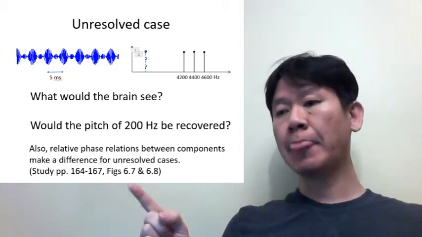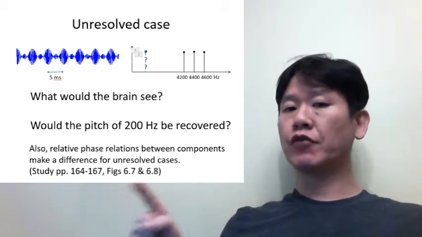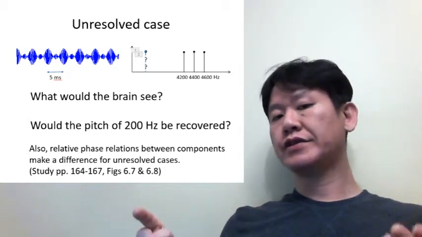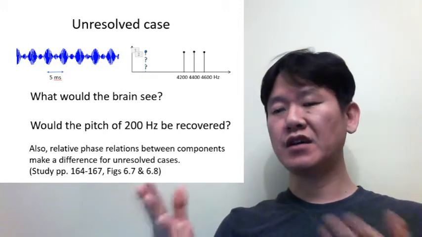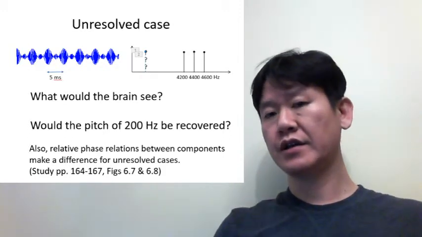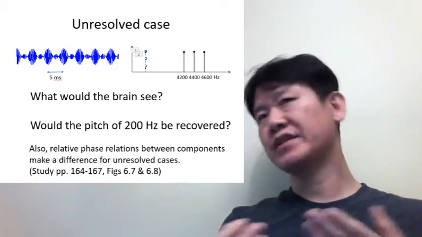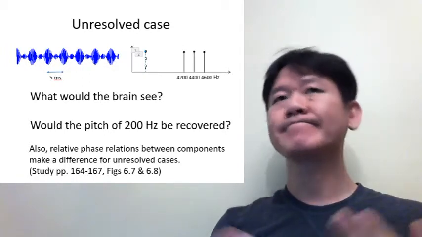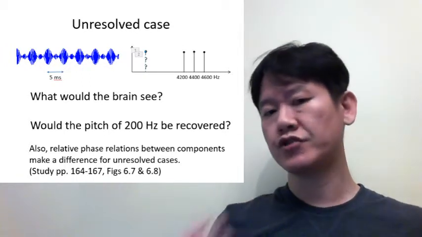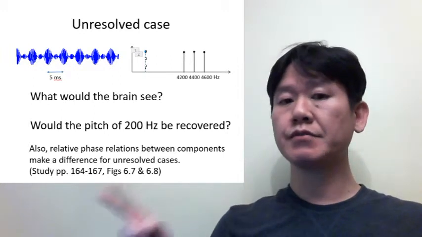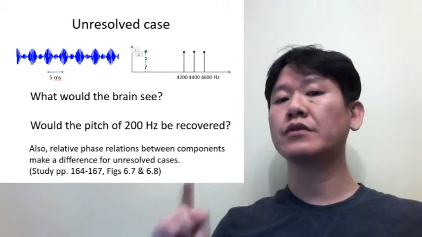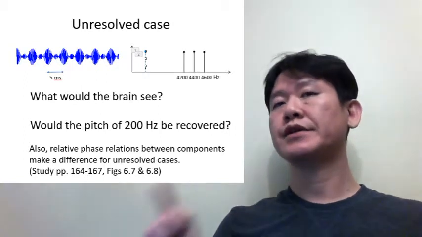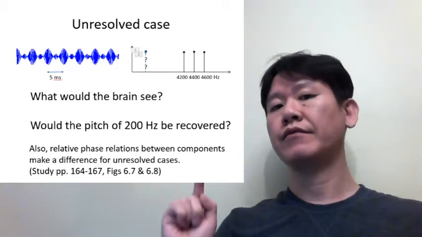Remember, around 4400 hertz, what is the bandwidth of the auditory filter? It's going to be about 600, 700-ish. So these three components are not going to be processed by distinct filters.